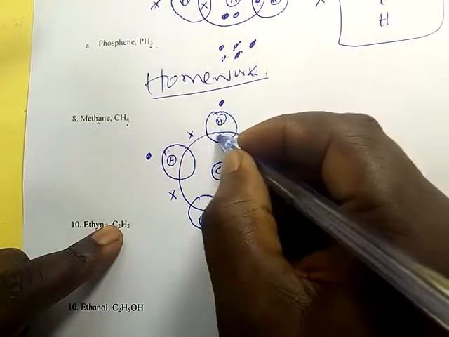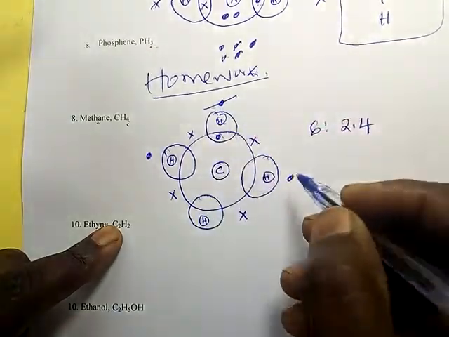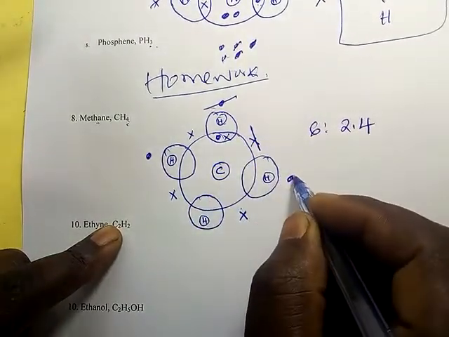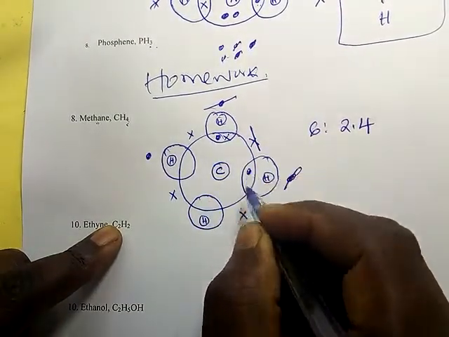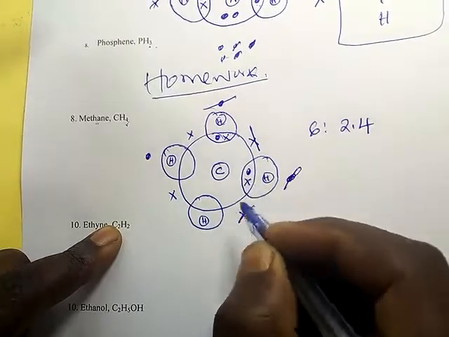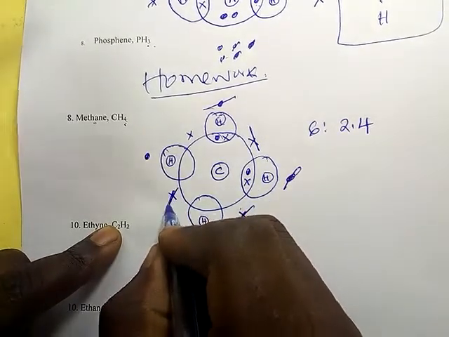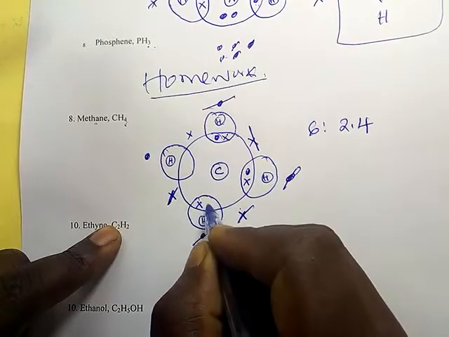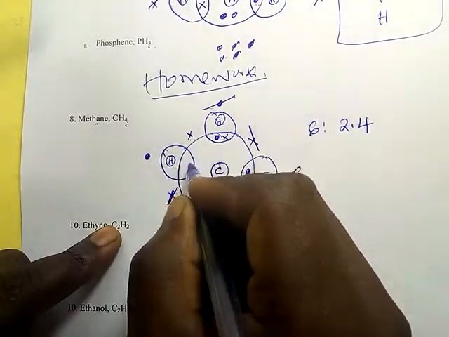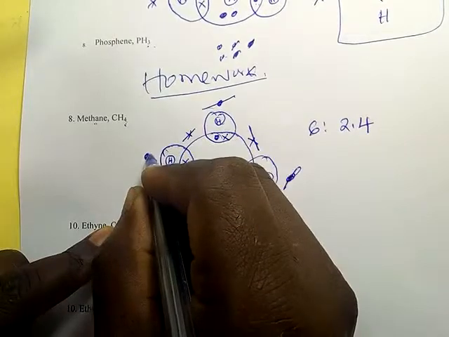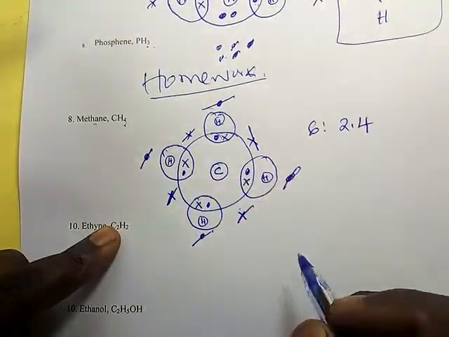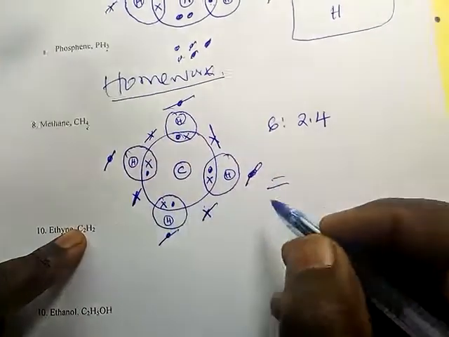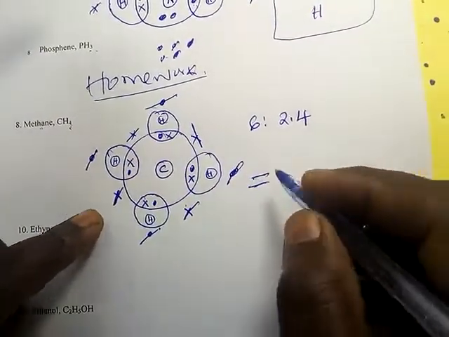So this one will provide 1. Carbon will provide 1, and hydrogen will provide its own. Carbon will provide its own. Carbon will provide 1 here, and this one will provide its own. So you realize now, without this darkness, you can write this.